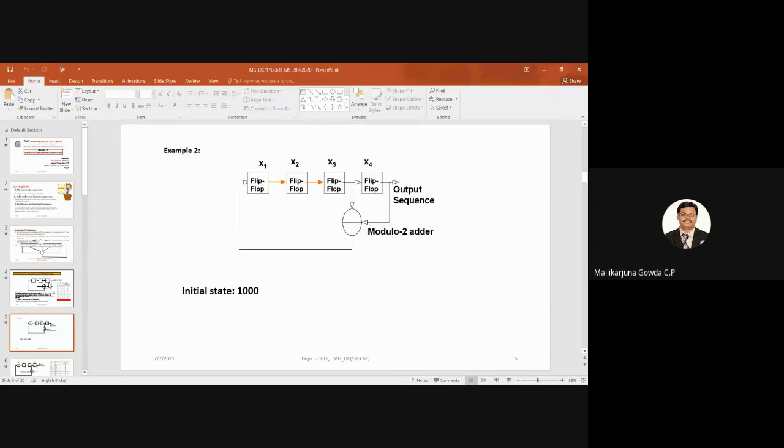So note down this diagram. You can all take a screenshot of this. I will put the question in GCR, but I will not give the circuit. I am not specifying the initial state with these 4 flip-flops, and even the feedback you can take the same: X3 and X4 XORed and fed as input.